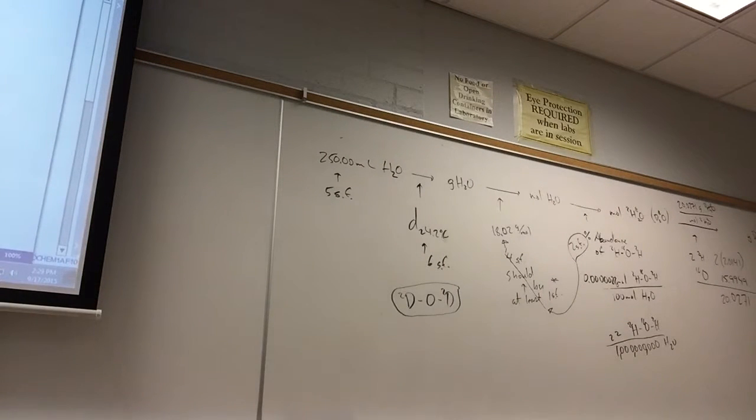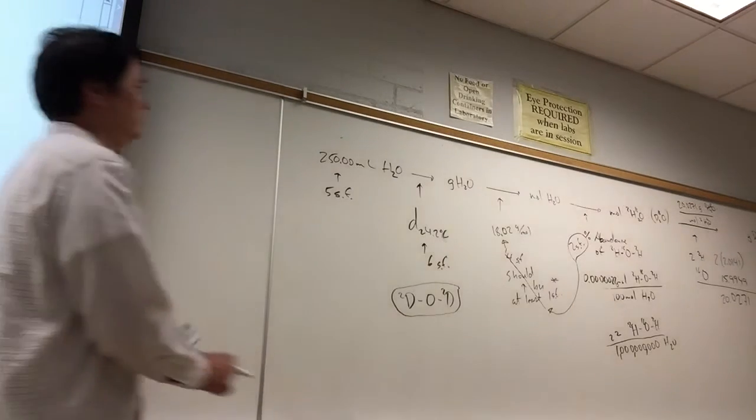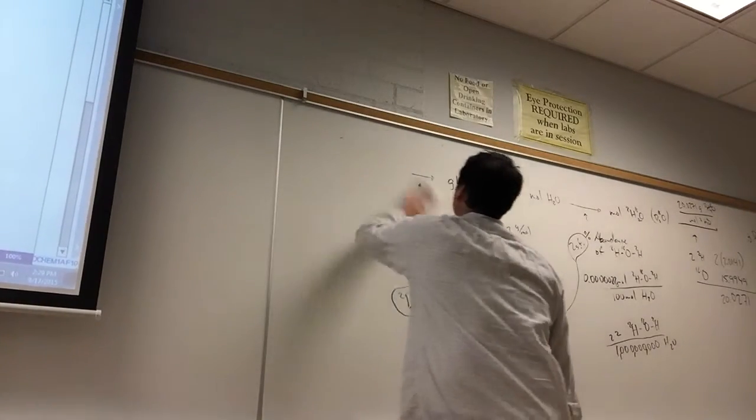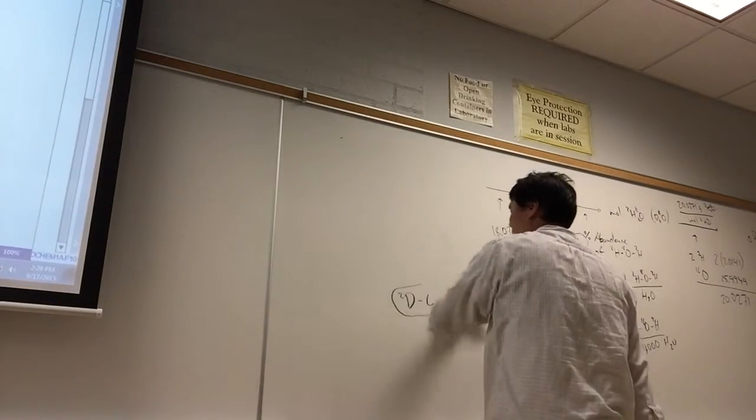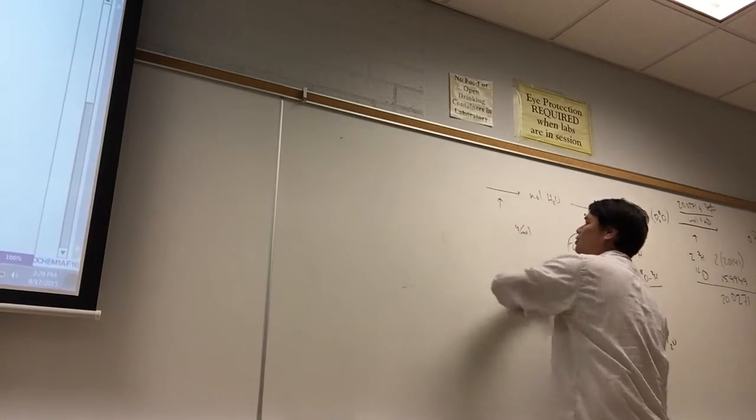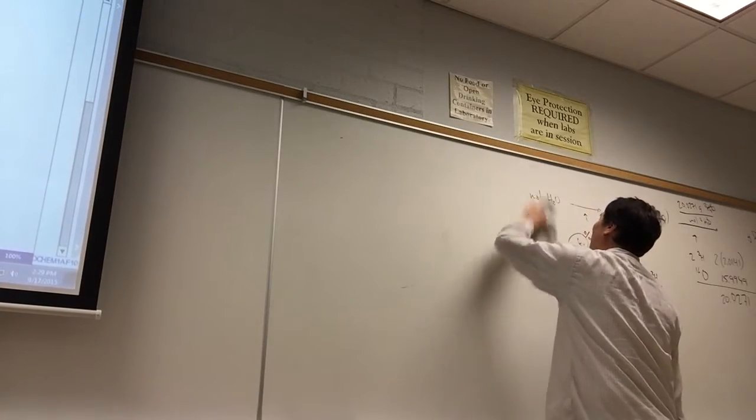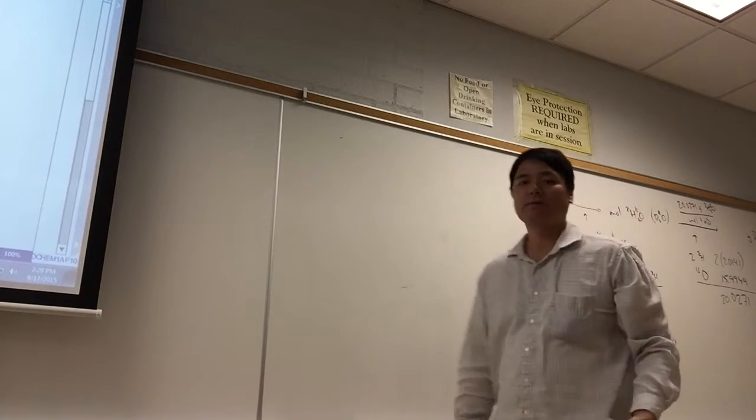So that's part C. And then we have part D. How many milliliters of D2O16 did you just drink? So for this particular problem, I wanted to see what you would do if you're missing the information.